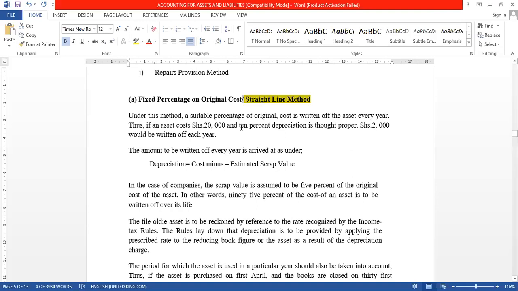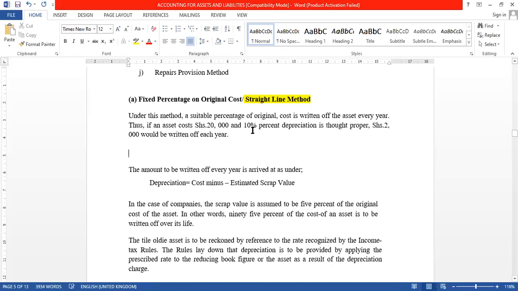Now, this is it. If an asset cost you 20,000, and you've been given 10% depreciation as proper for that asset, what that means is that every year, let's say year one, depreciation will be 10% of 20,000, which is 2,000, right?